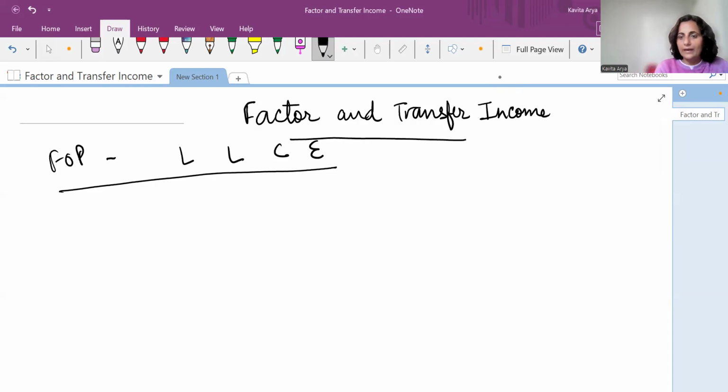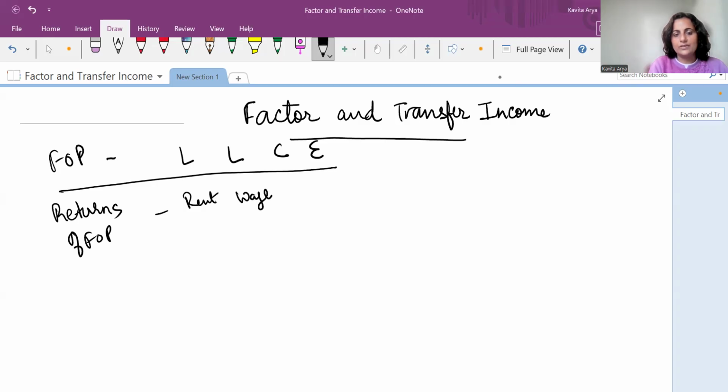So factors of production would definitely be getting something in return. That would be the returns. Why does somebody work? They work to get some return. So returns of factors of production are: land gets rent, labor gets wages, capital gets interest, and entrepreneur gets profit.